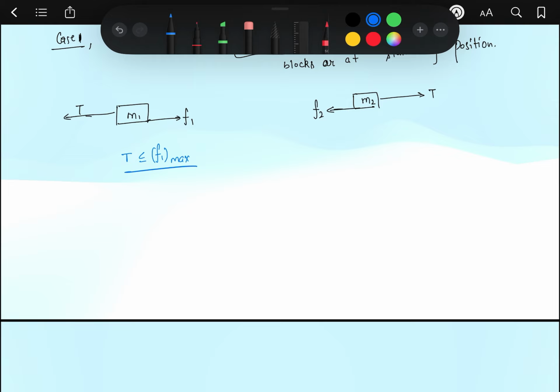If the tension force is either equal to or less than F1 max, only then can m1 be stationary. Similarly for block m2, if the tension force is less than or equal to F2 max, then only can m2 be in stationary position.